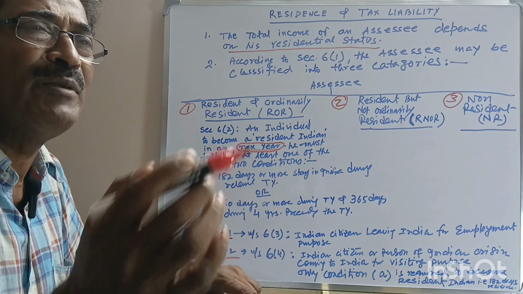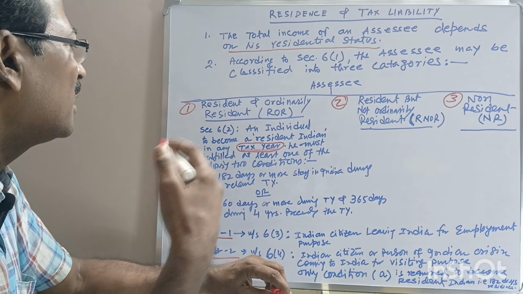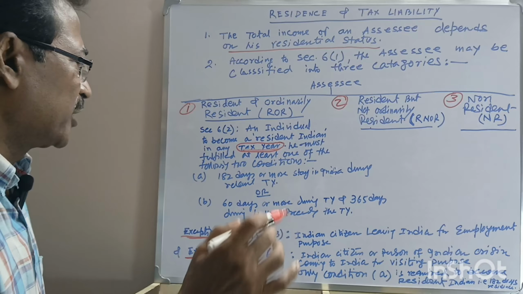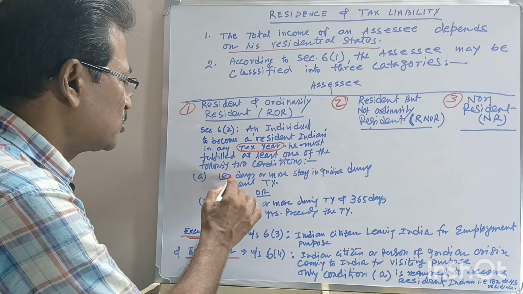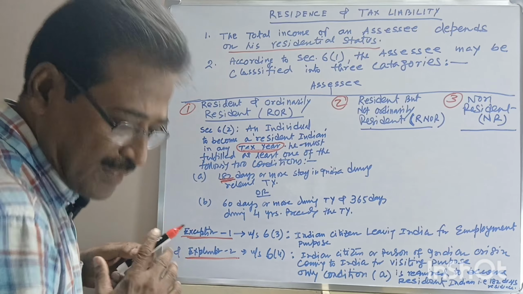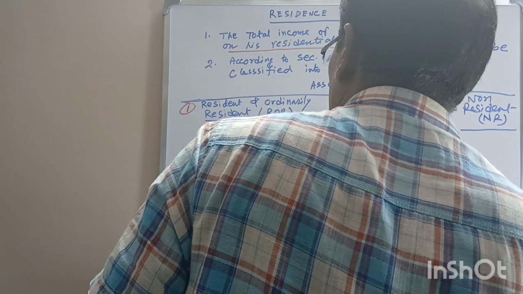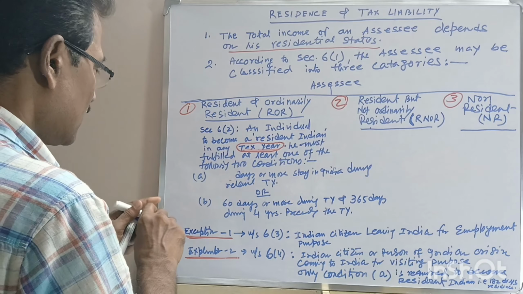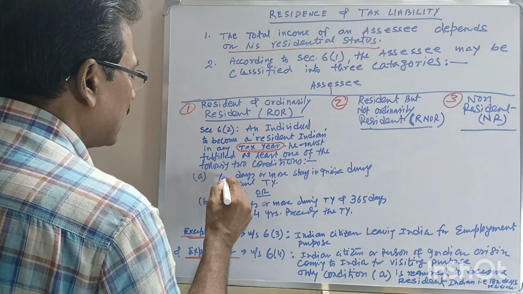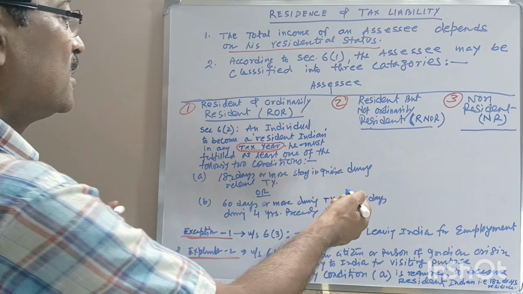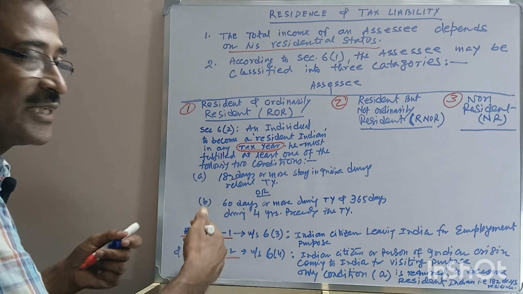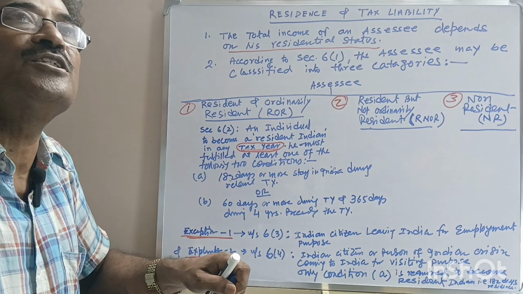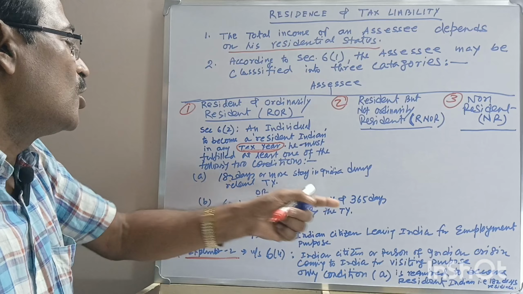Just learn at this stage that previous year is replaced by tax year. So in order to become a resident person in India, an individual has to fulfill either of the two conditions. He must stay 182 days or more in India during the relevant tax year, or 60 days or more during the relevant tax year and 365 days during the 4 preceding tax years.